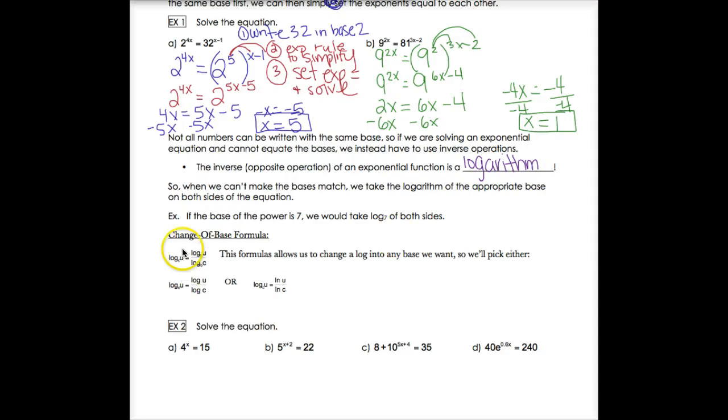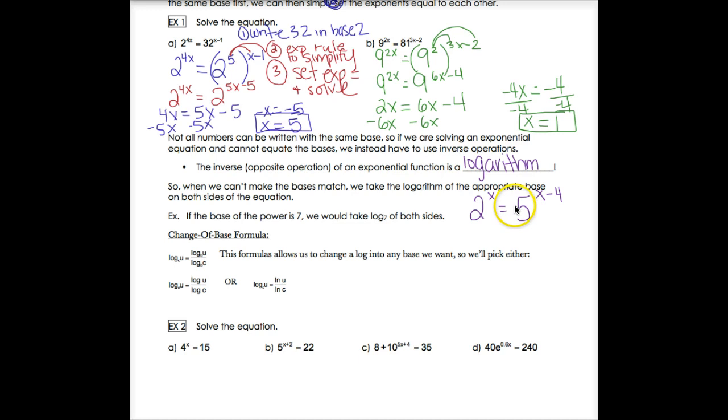Now, here I'm inserting what is called the change of base formula because let's just say I'm going to make up an example here that you've got 2 to the x equals 5 to the x minus 4. So I just made that up, but we could not solve this like we did in example 1 because we can't equate these bases.